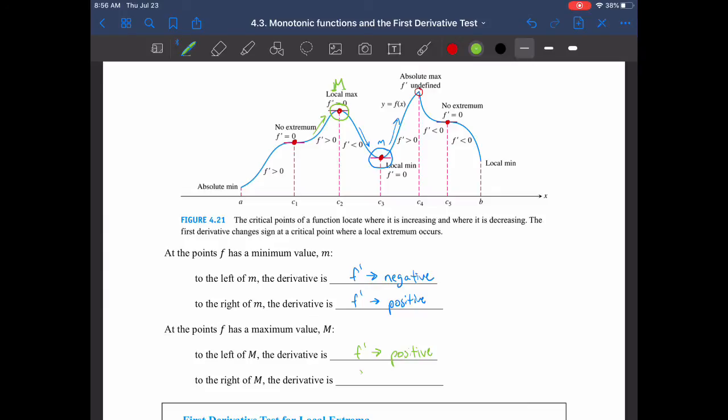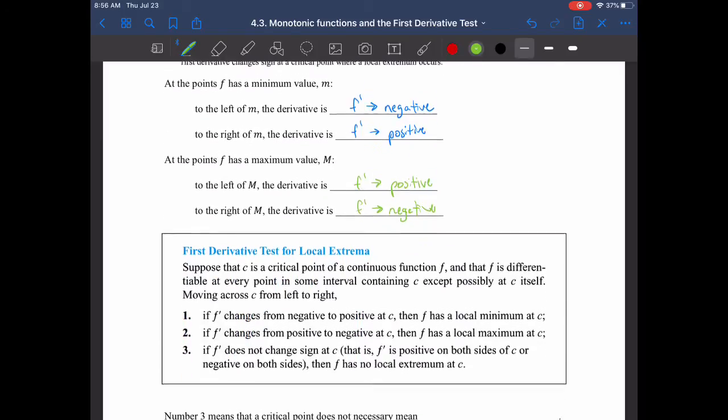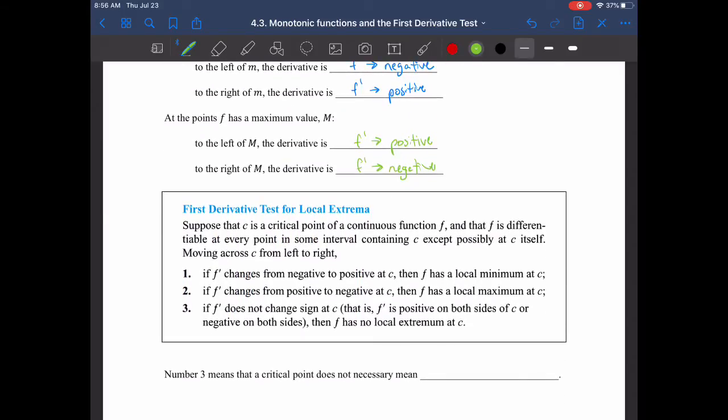And everything to the right, F prime will be negative, which you can see right here. To the left, all positive. To the right, all negative, going downhill. And so again, like I just talked about with that last example, this would be a very good way to determine and find all your local and even some global extrema.